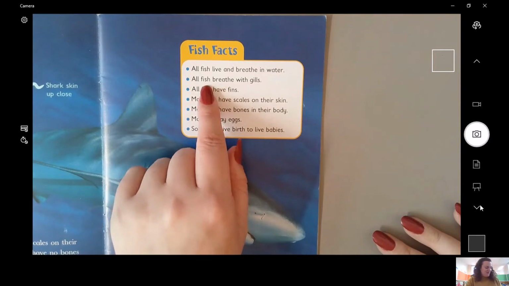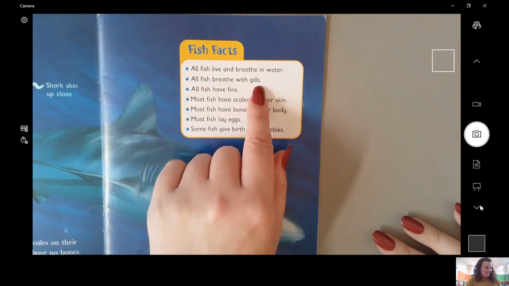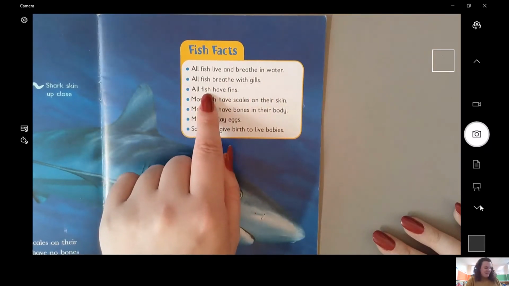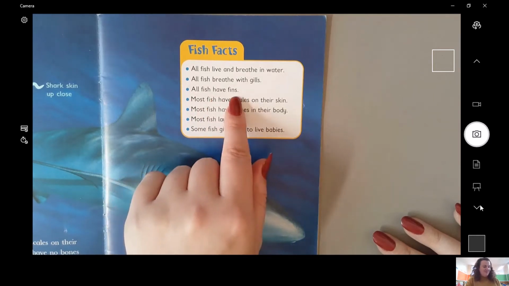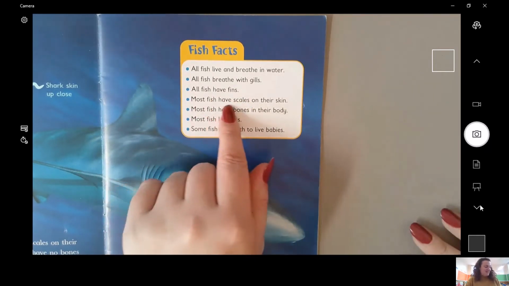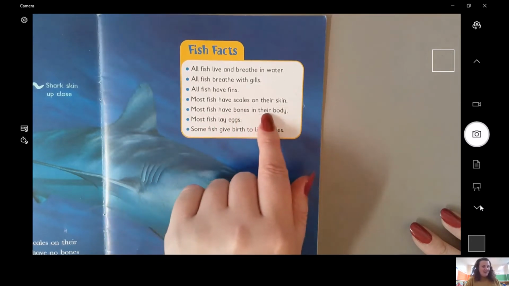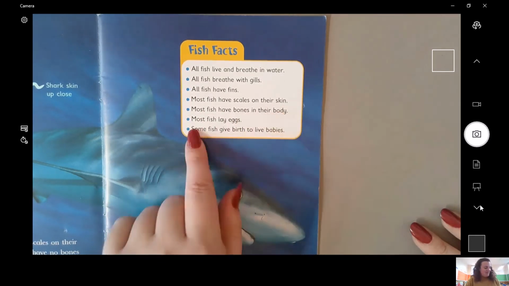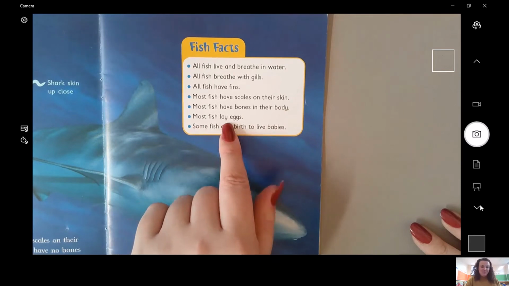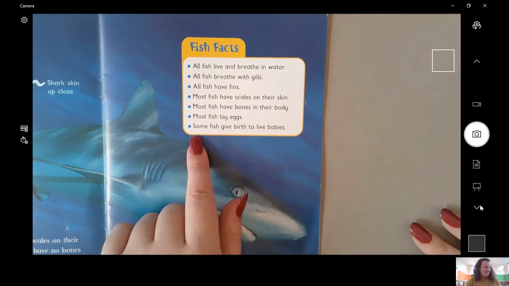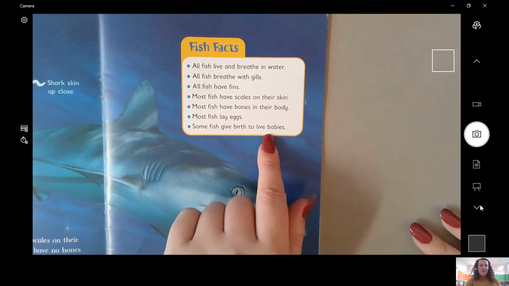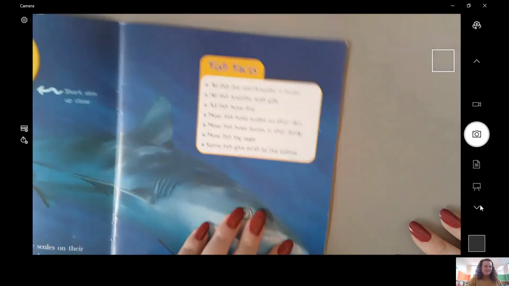All fish breathe with gills. All fish have fins. Most fish have scales on their skin. Most fish have bones in their body. Most fish lay eggs. Some fish give birth to live babies.